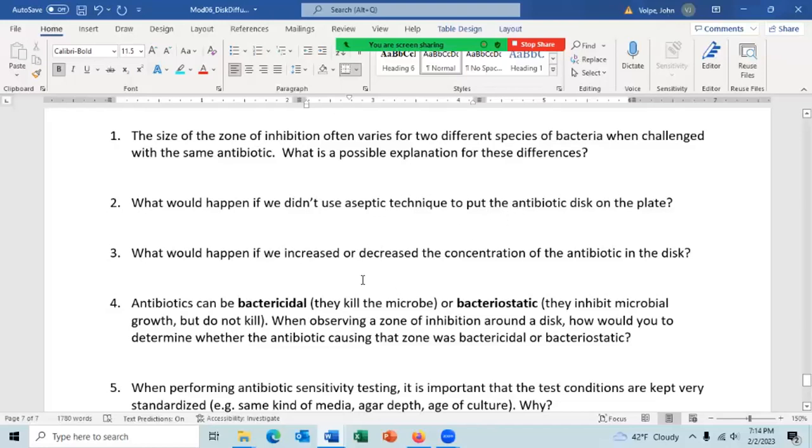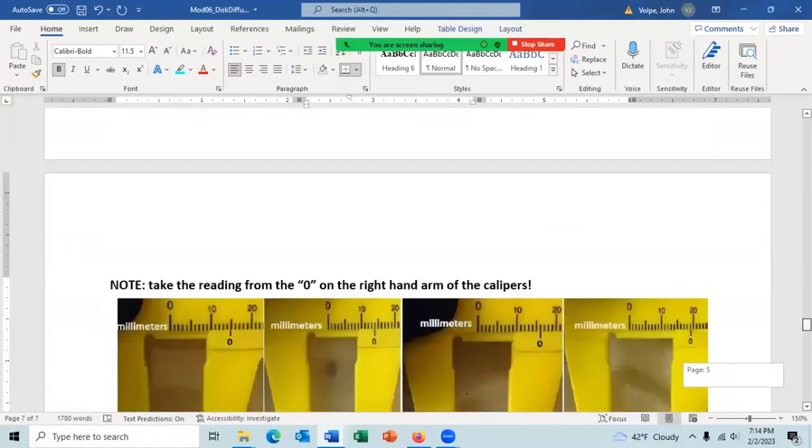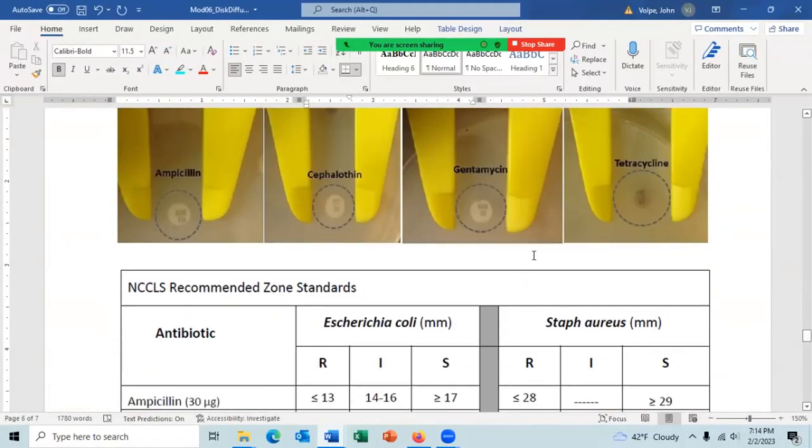What would happen if we increase or decrease the concentration of the antibiotic in the disc? So let's go back to, well, we would just use this. If we were to increase the gentamicin present in this disc, would that affect the zone of inhibition? If you don't remember, we did discuss that in the lab module.